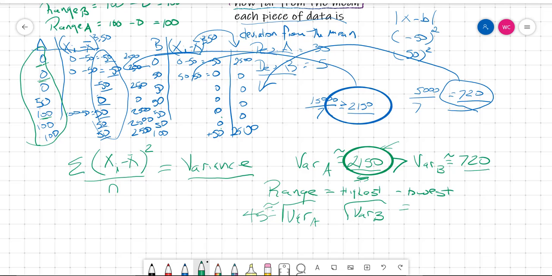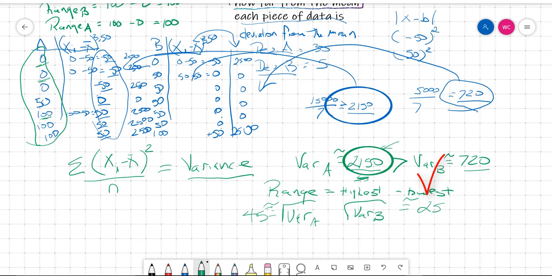So it's going to be between 20 and 30. I'll just make a really bad approximation and say it's 25. So the square root of the variance for A is 45, and for B is 25. Still, this is considerably bigger than this, which is what we wanted.